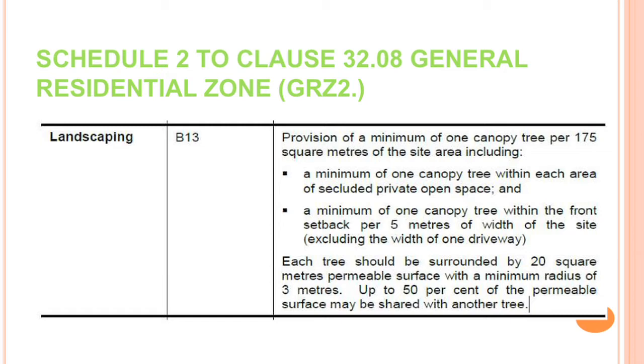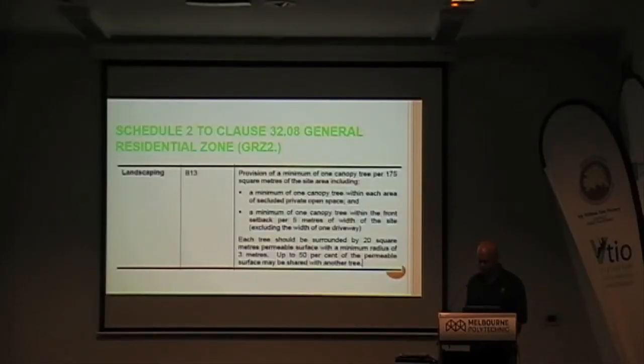So as arborists, it's good for us to go to the planning scheme, look at the schedules for the overlays and the zones, see what's required, and then we're in a good position to tell our client these are all the requirements from council. The big thing for us is that the planning scheme is absolutely huge, with so much stuff. If you can drill down to the things that you need to find, then that's where you can really help your client.